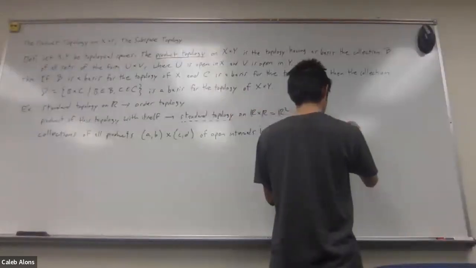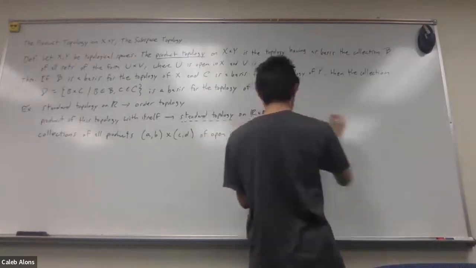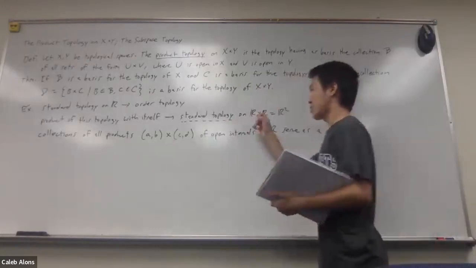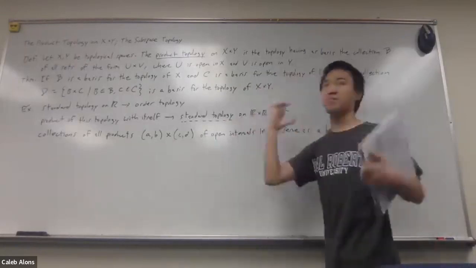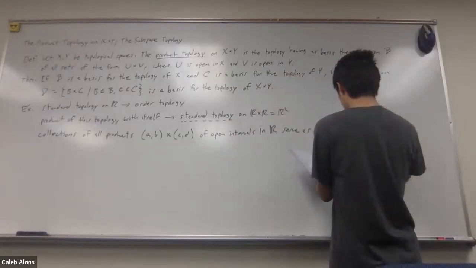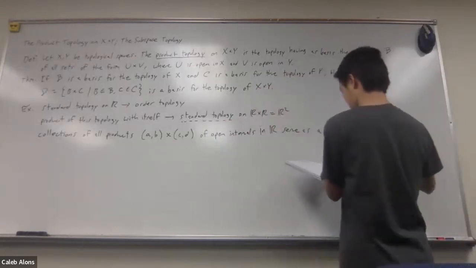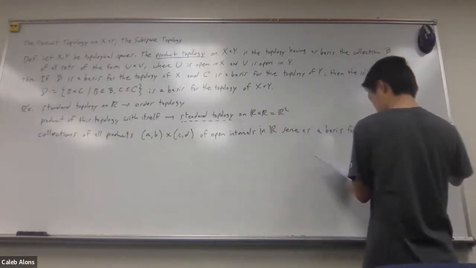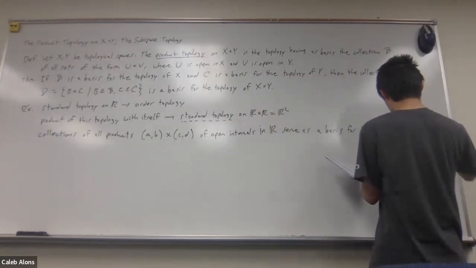So this is the basis for the standard topology, which makes sense because I think the basis for just an order topology was all the open intervals. Basis for the topology of R2.